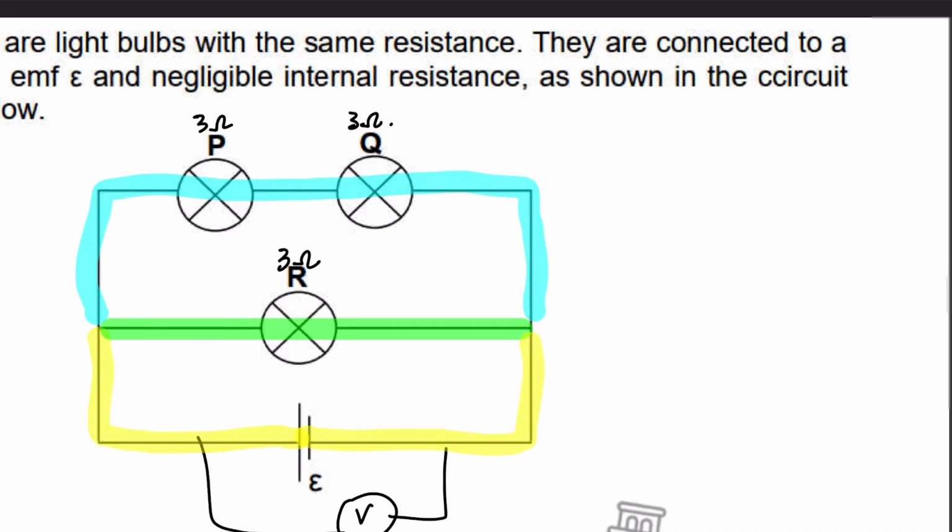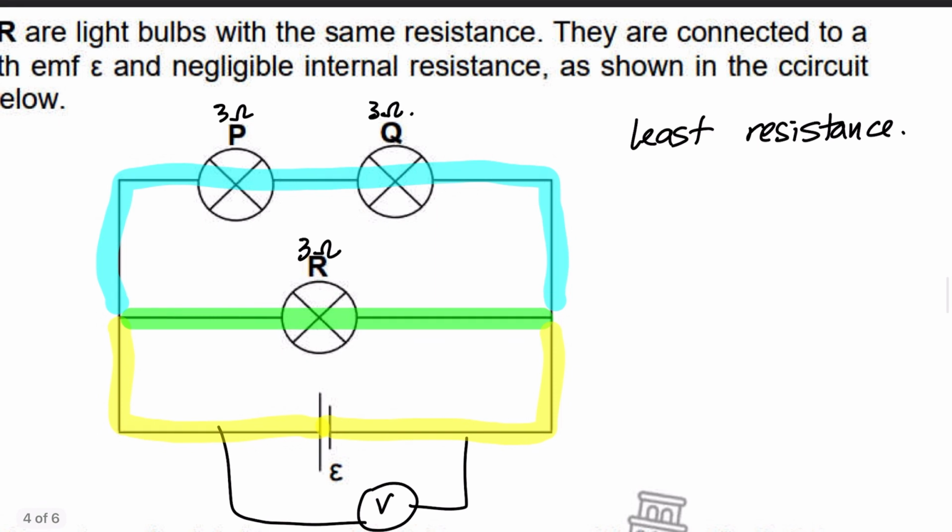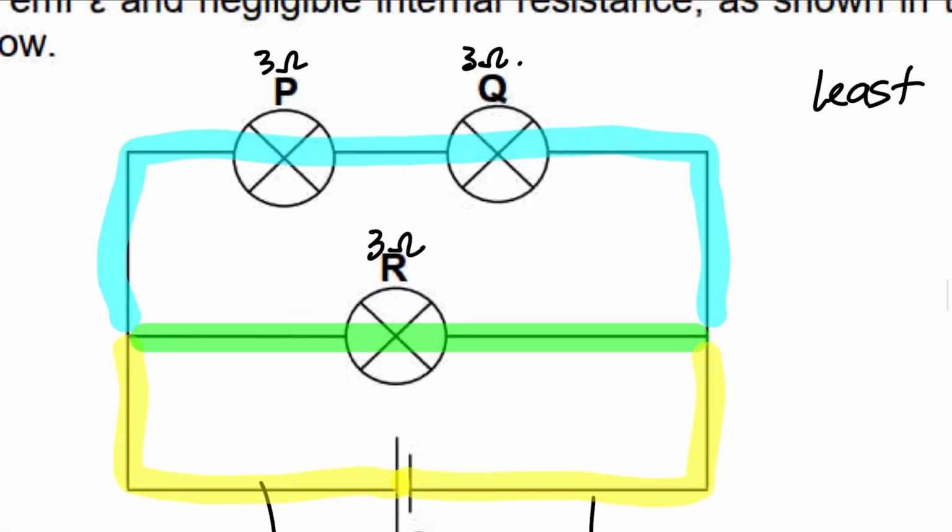We know that current takes the path of least resistance, right? So we can say that it doesn't matter what the current is, but we can say that more current will go through here than will go through this branch, because this branch has a resistance of 3, whereas this blue branch has a resistance of 6.